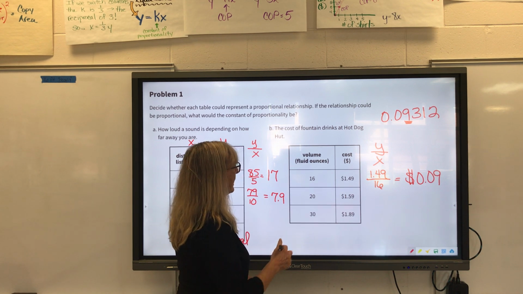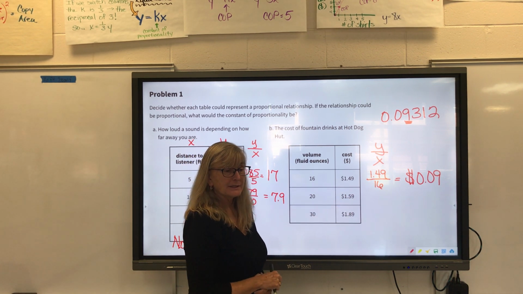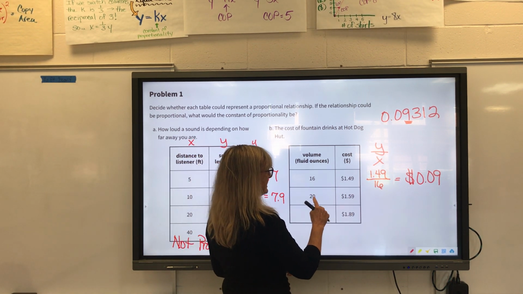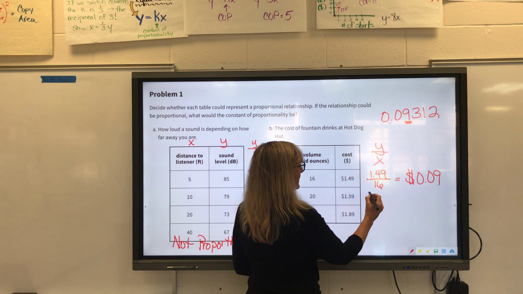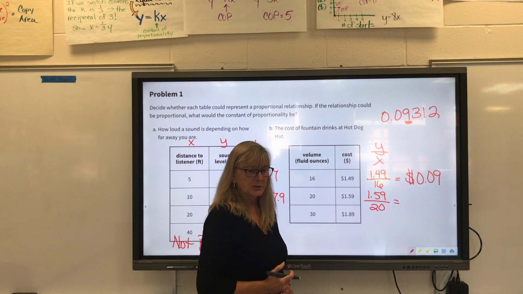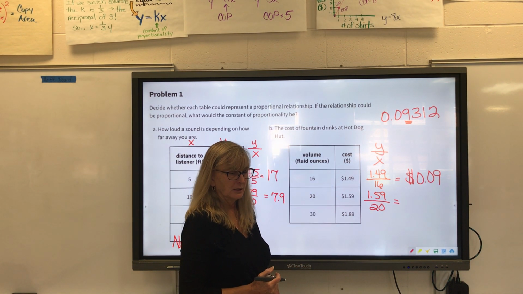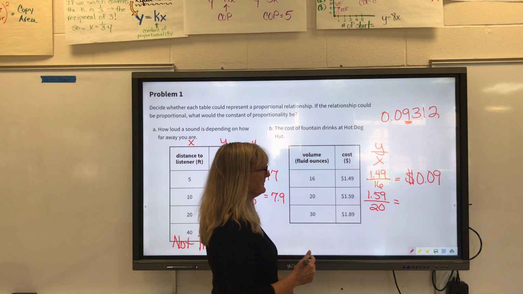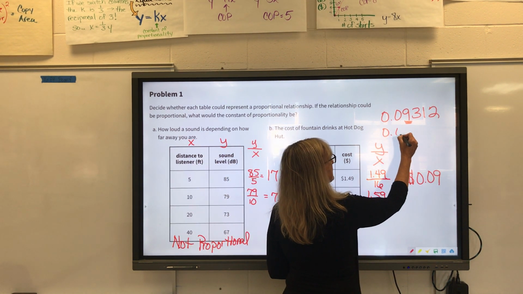Okay, let's see if it costs the same when we buy a 20-ounce drink. So we're going to take $1.59 and divide it by 20 ounces to figure out how much it costs for 1 ounce of drink. Chloe, what'd you get? 0.07985.